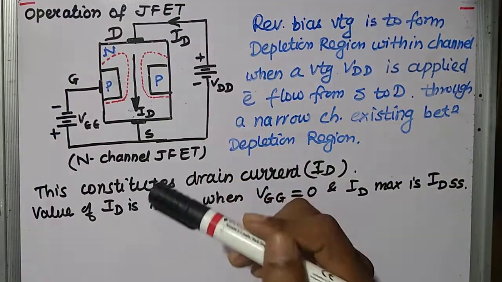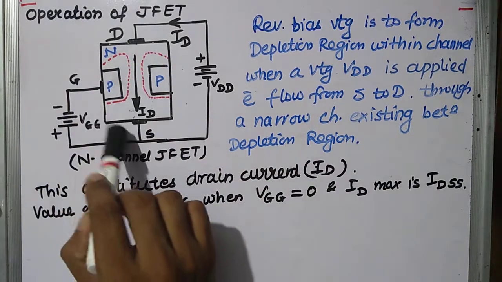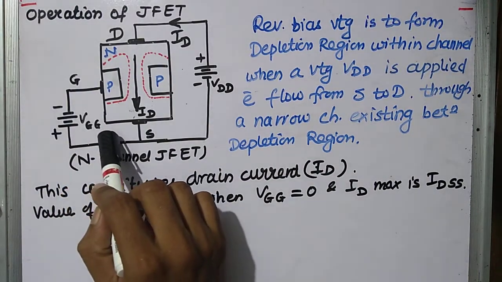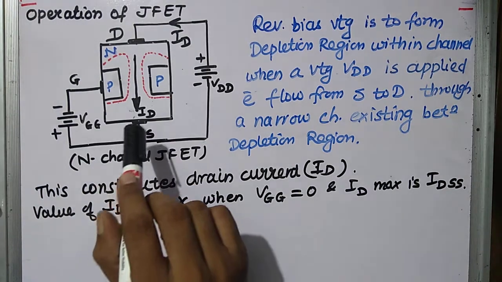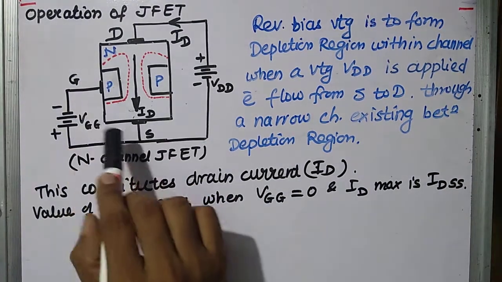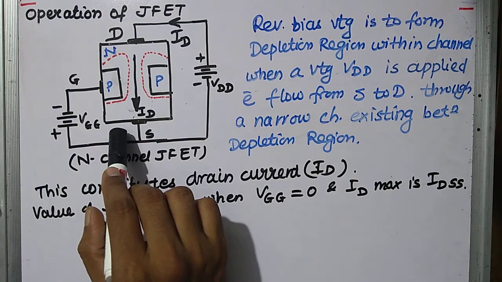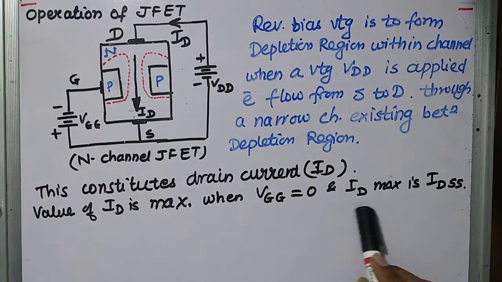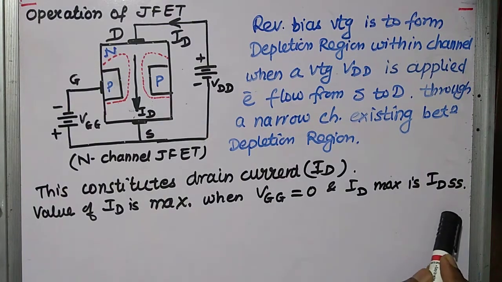The maximum drain current will flow when the gate to source voltage is 0 or when VGG is 0. And that maximum drain current is designated by IDSS.